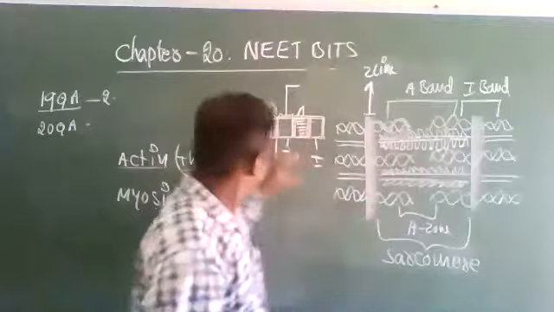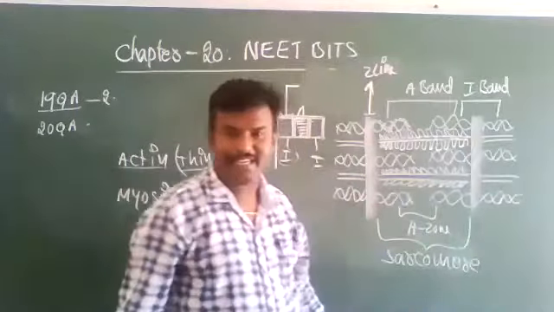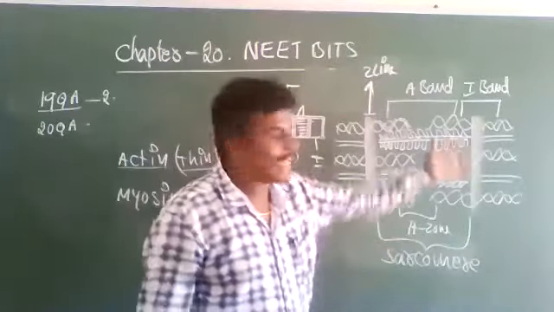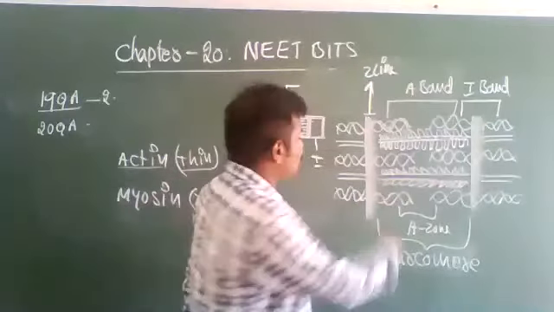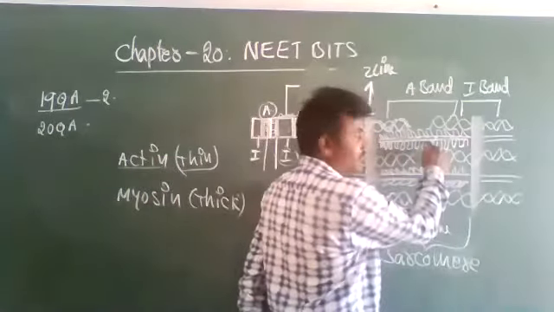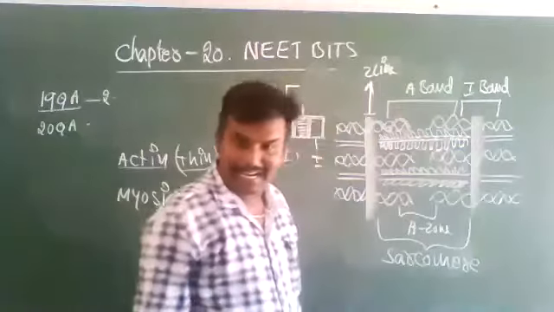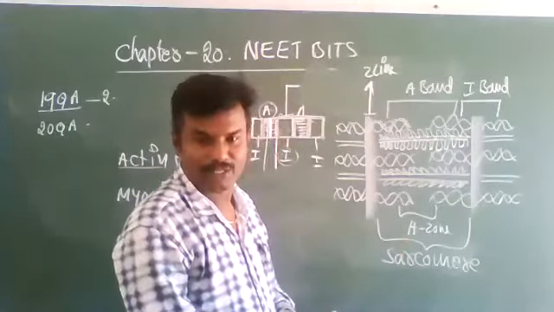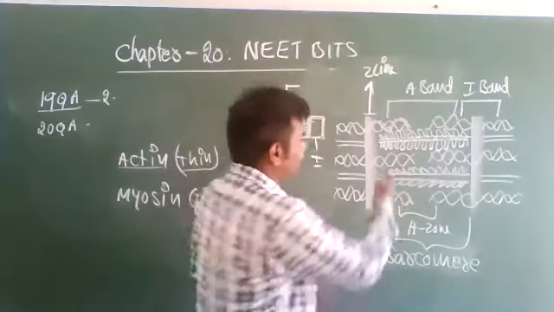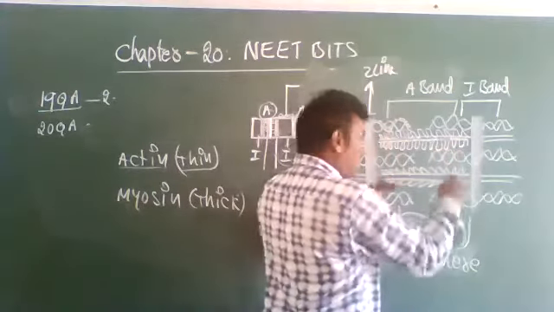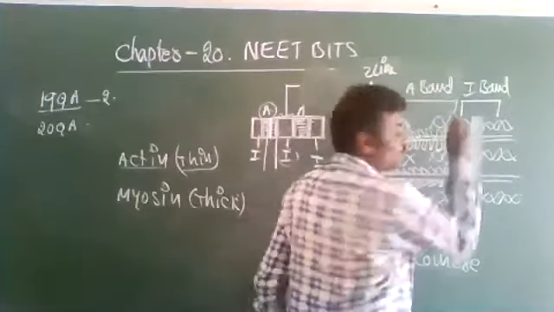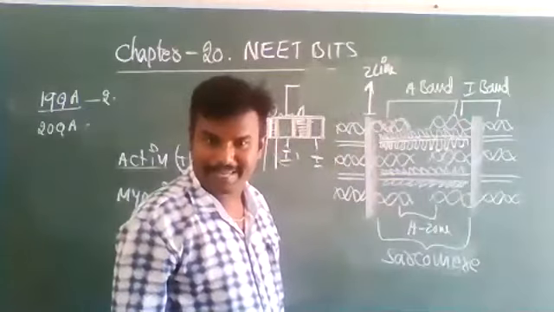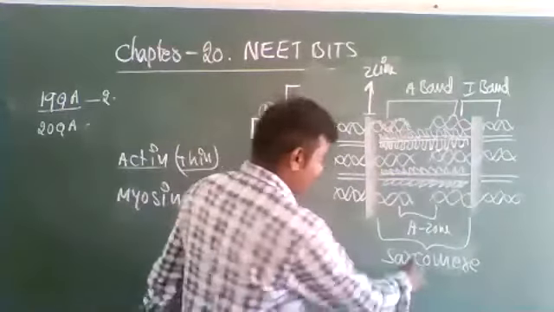Anatomically, this region, if you enlarge the diagram, becomes like this. So the thick filaments in the A band are held together in the middle of the band by a thick filamentous membrane called the M line.